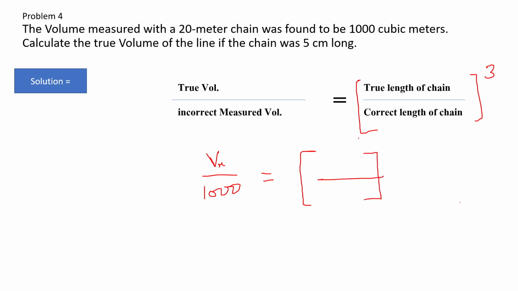The chain was 5 centimeters too long, so 20.05, and the incorrect length is 20, and the power is 3. So when we solve it for x, we can calculate it and our answer will be there.